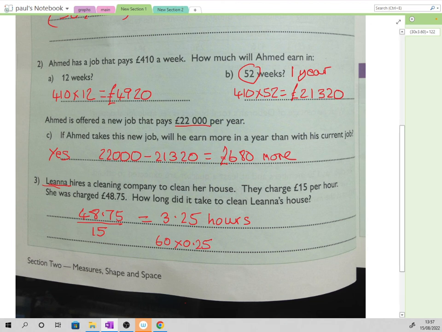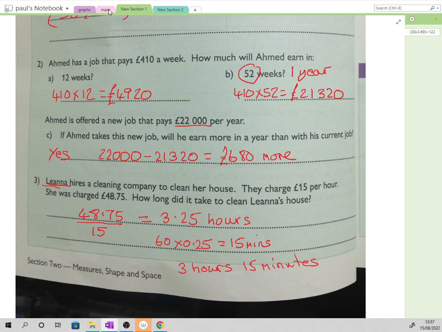So 60 times 0.25 is 15, that's better. Just keep manipulating the numbers till I get the right way. So that's 15 minutes. So if they wanted you to do it as hours and minutes, as they sometimes do, it will be 3 hours and 15 minutes.